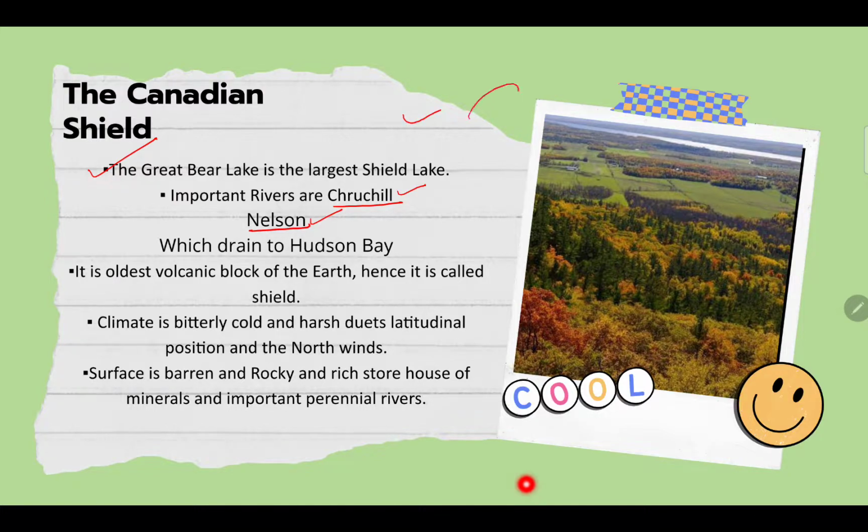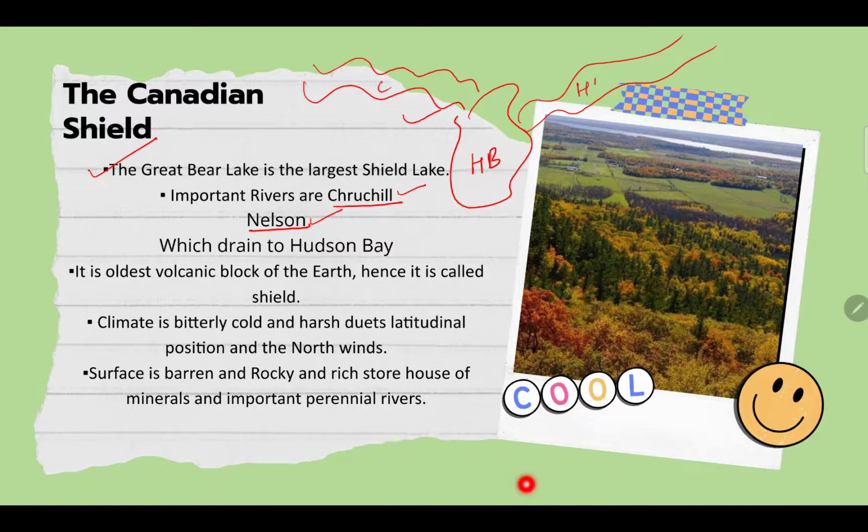Drains means enters into Hudson Bay. It is one of the oldest volcanic blocks of the earth, hence it is called a shield.